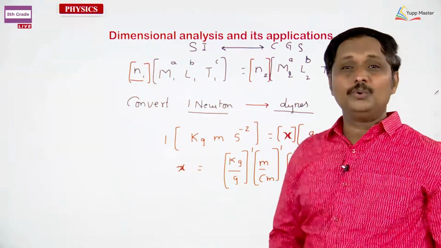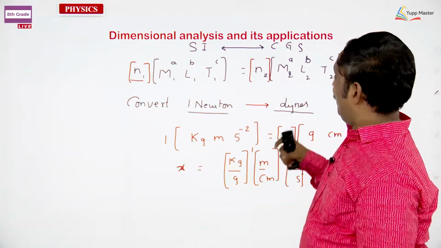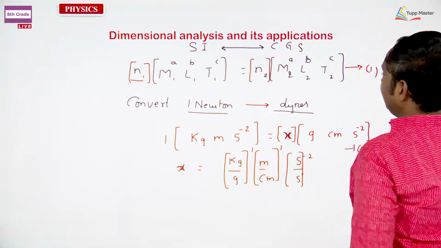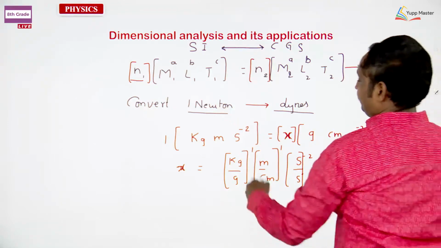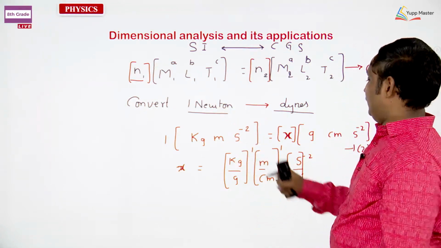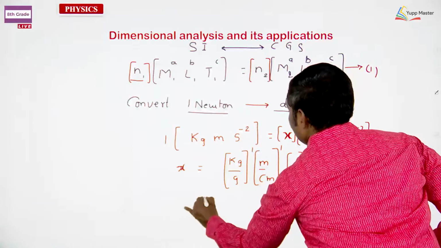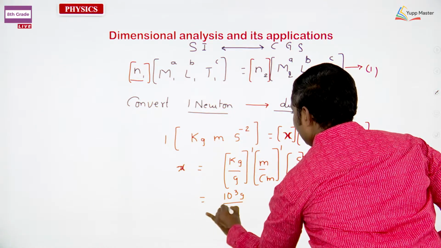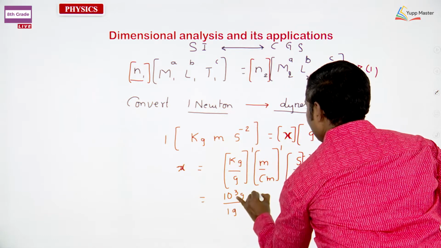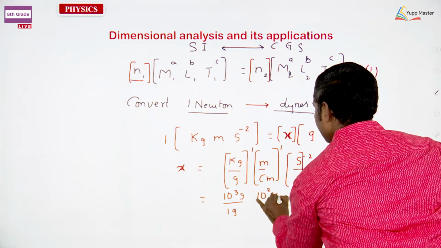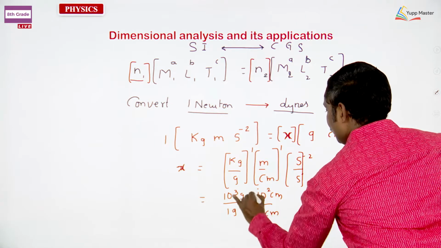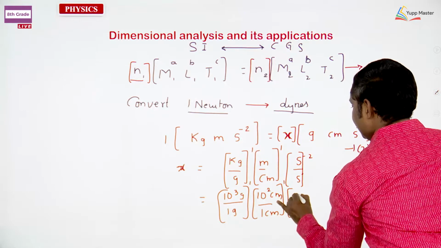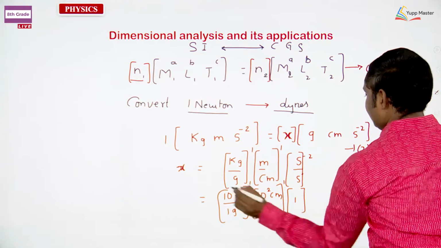Your aim is to convert one system of units into another system. It is very clear. Like that, you have to convert in terms of grams. That is 10 power 3 grams by 1 gram, 10 power 2 centimeter by 1 centimeter, whole power 1, and this is also whole power 1, and we can take that cancellation, this is 1.